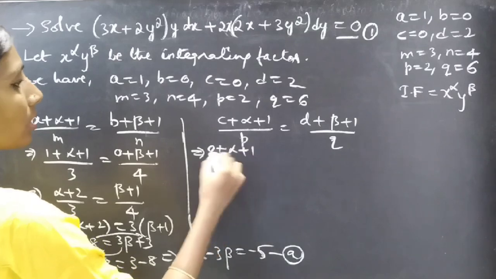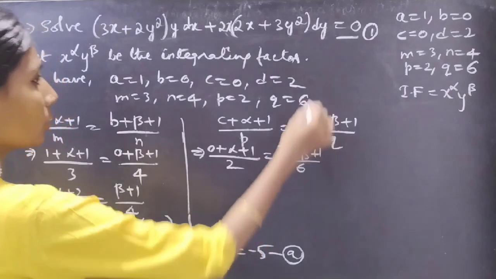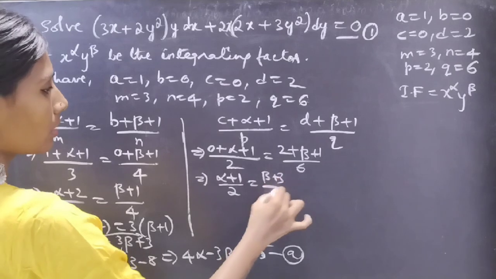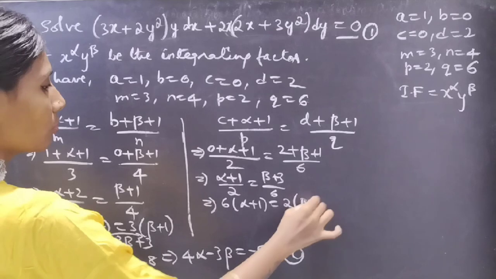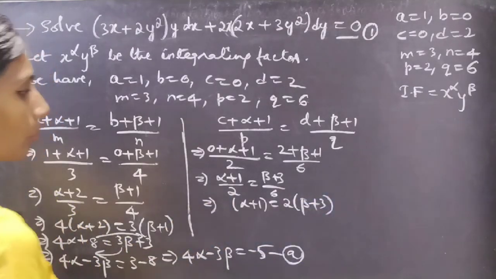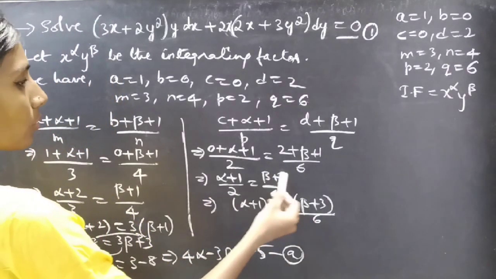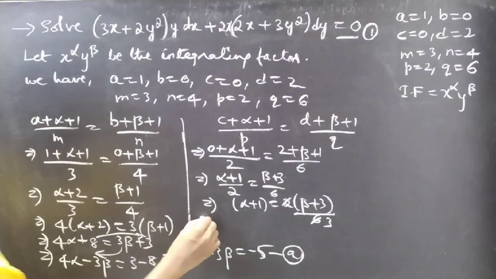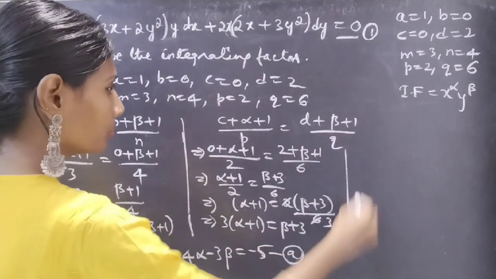Now coming to the second formula, substitute the values of c, d, p and q. We'll get (0 + alpha + 1)/2 = (2 + beta + 1)/6, which gives us (alpha + 1)/2 = (beta + 3)/6. So 6 times (alpha + 1) = 2 times (beta + 3), which gives us 3 times (alpha + 1) = beta + 3.